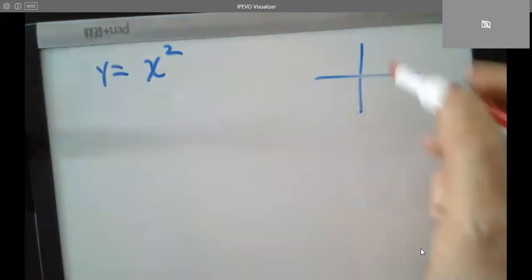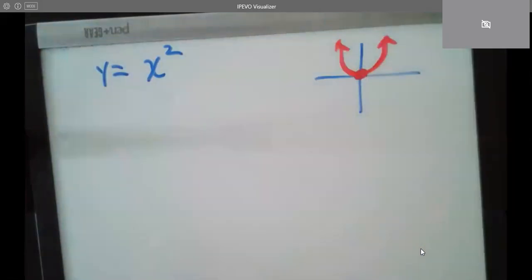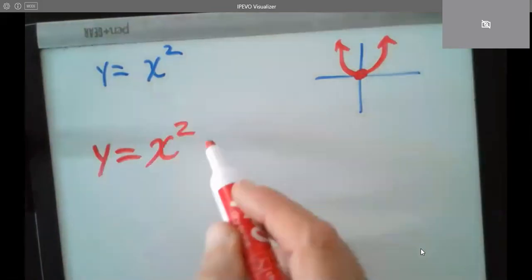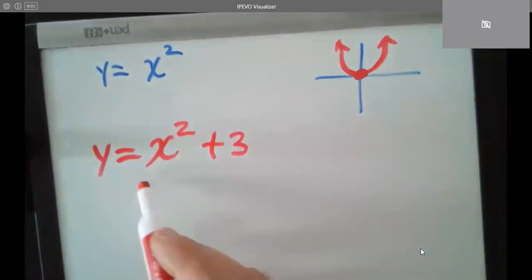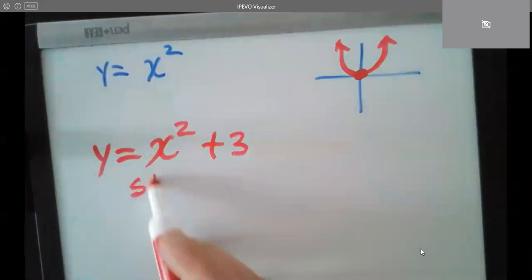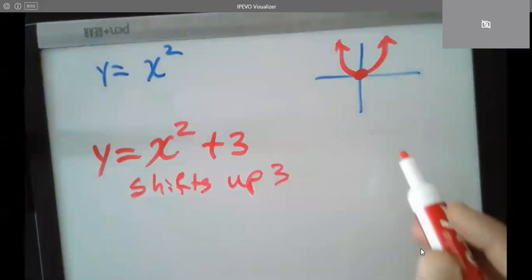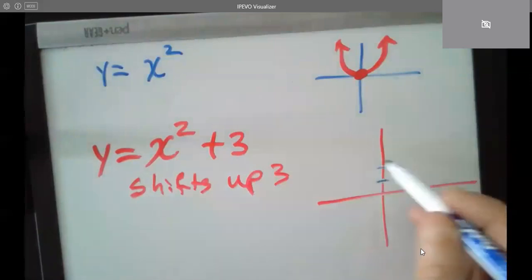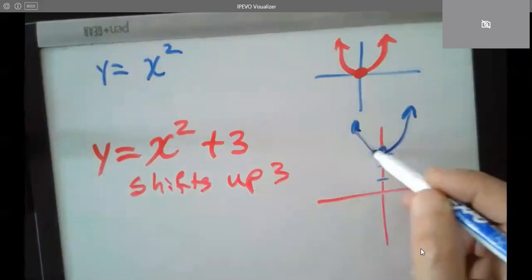That has a vertex at 0. Let's say we want to look at y equals x squared plus 3. This is going to shift this graph up 3 spaces. So now the whole graph shifts from 0, goes 1, 2, 3. Now this vertex is up here at 3.